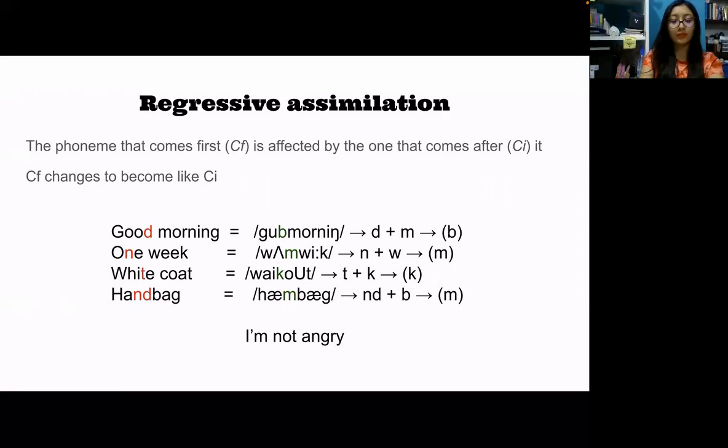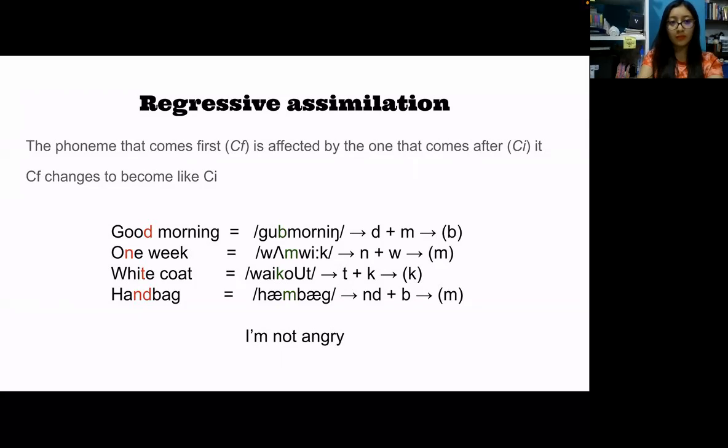And here, the phoneme that comes first, which is the final consonant, would be affected by the one that comes after, the initial consonant. So here, CF changes to become like CI. We have these examples, which are good morning, in which the D sound will become a B before the bilabial M sound.